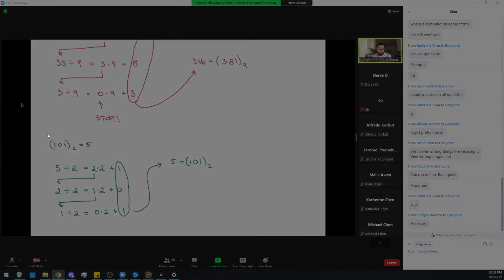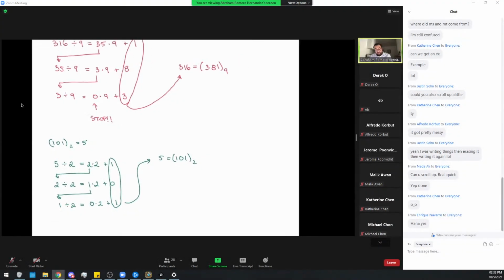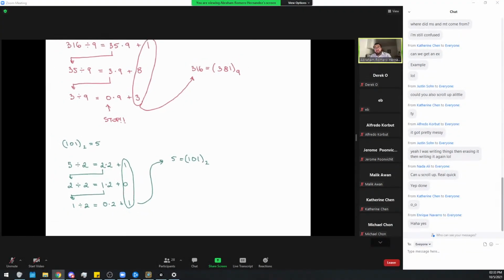So by that logic, what if I want to convert it to some other base? For example, 381 base 9. What if I want to change it to base 8, octal?